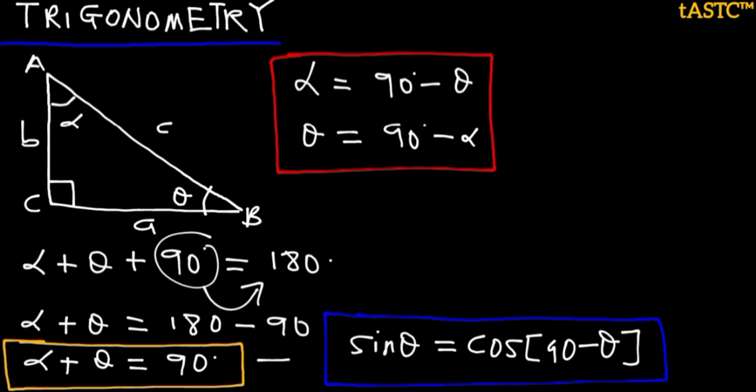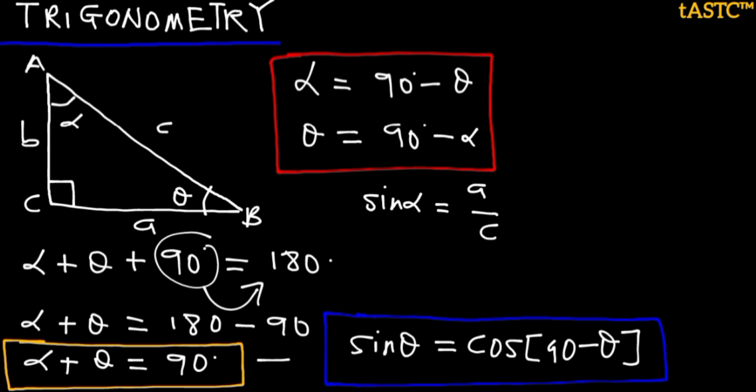So let us say that you have sine alpha in question now. Now this is alpha, and the opposite to this angle is actually a. And so you've got the a there. That will be divided by the hypotenuse, which is c. So this should be a divided by c.